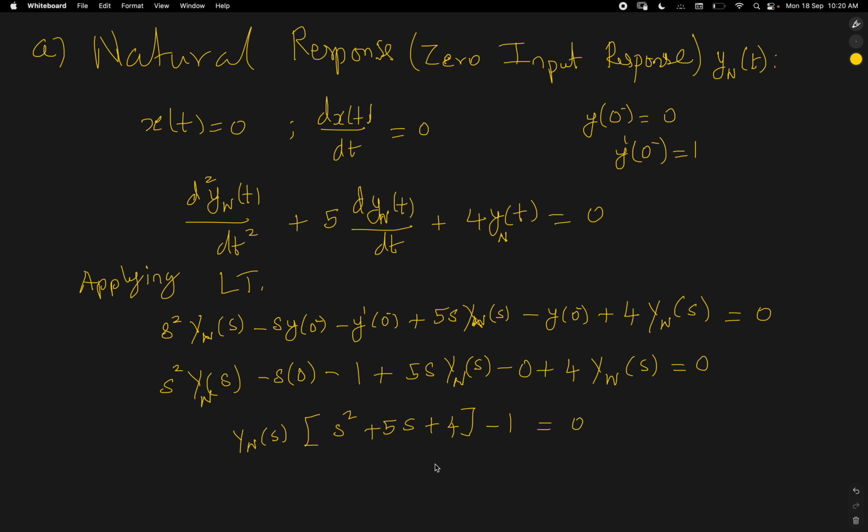If you keep yn of s alone on the left hand side, then yn of s is equal to 1 by s square plus 5s plus 4. So we need to solve for yn of t to get the natural response.